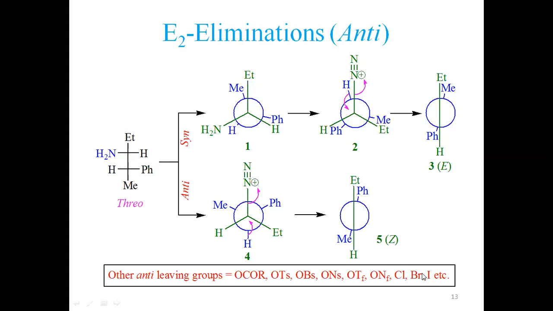It may be halogens: chlorine, bromine, iodine. It may be other groups that you have already come across, like acetates, tosylate, brosylate, nosylate, triflate, nonaflate, etc. All of these good leaving groups that you have come across in aliphatic nucleophilic substitution reactions apply here. They always undergo anti-eliminations.